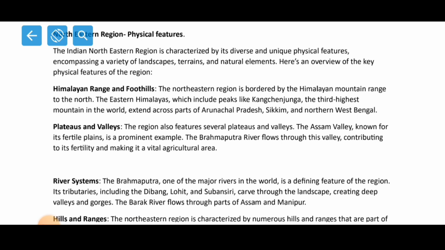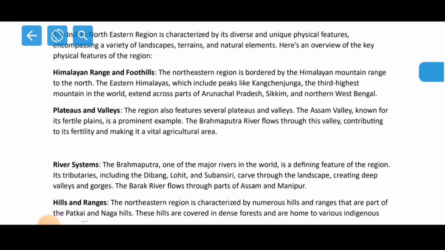Now let us see plateaus and valleys. When we talk about plateaus, whatever might be given in the material, I will basically talk about West Khasi Hills. When we are going from Garo Hills to Khasi Hills, suppose from Tura or from Williamnagar via Nongstoin, what do we see?